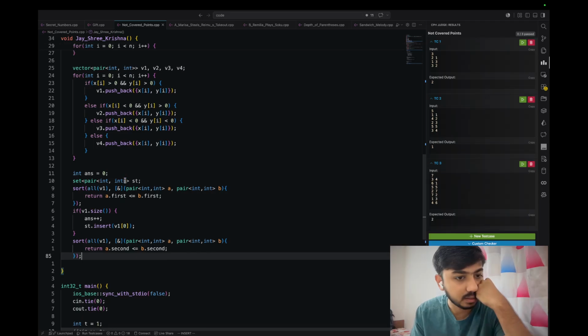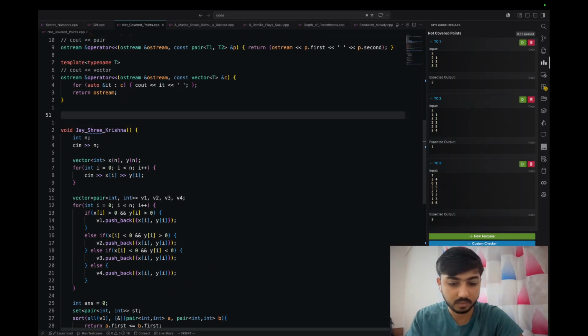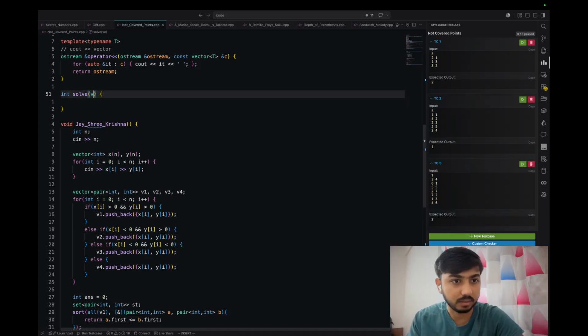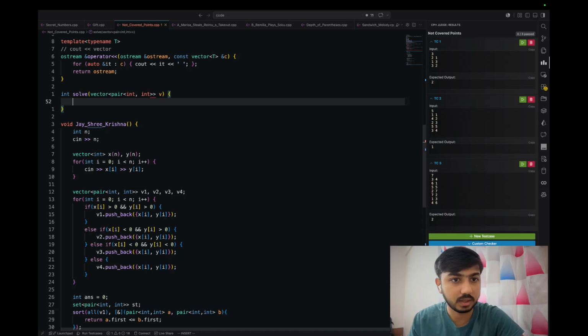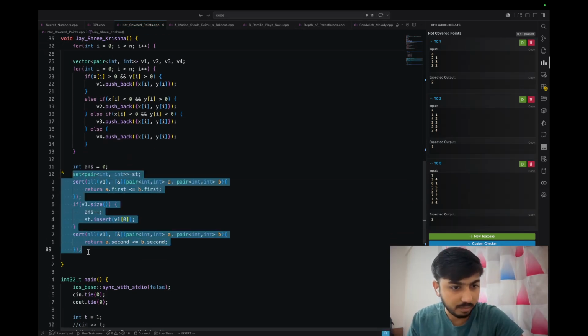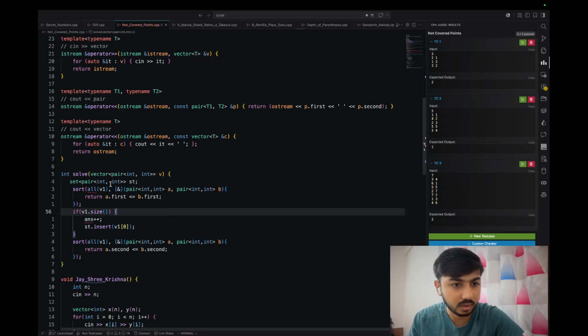So in solve, we pass a vector of pair, comma int, let's say v, and copy this stuff and paste it here.